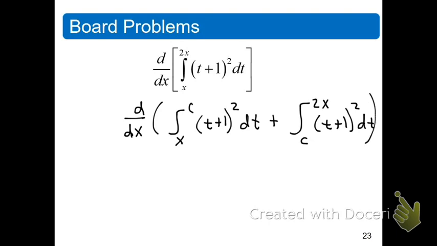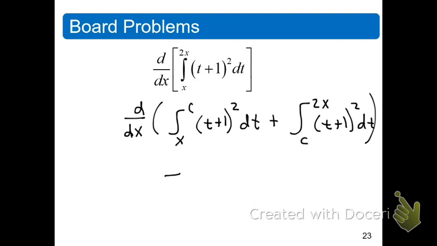Now, what we can do is, since it's always been from a constant to a function, couldn't I just flip that and say from c to x if I put a negative out in front? So I'm going to say negative.